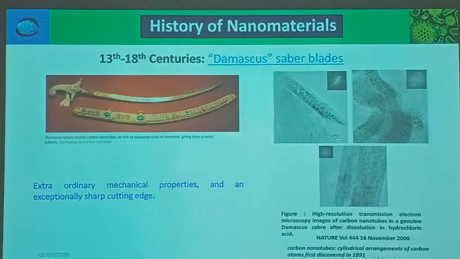Carbon nanotubes have higher tensile strength and mechanical properties compared to normal steel. At that time, they had embedded carbon nanotubes in those blades. That's why it possesses extraordinary mechanical properties.